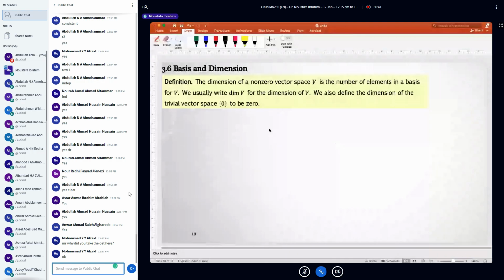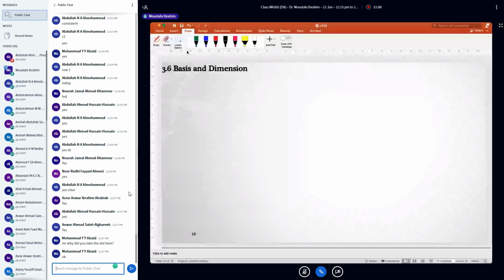What does dimension mean? For a nonzero vector space, it is the number of elements in a basis for it. We write dimension of V for the dimension. Also we define for the vector space 0 that the dimension is 0. So even here the definition, we know it. No need for definition.